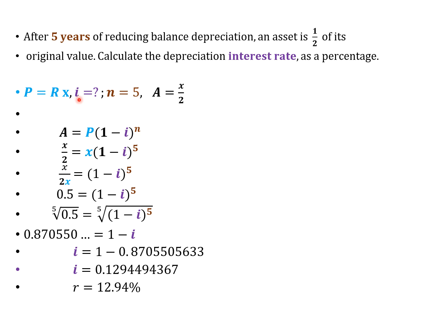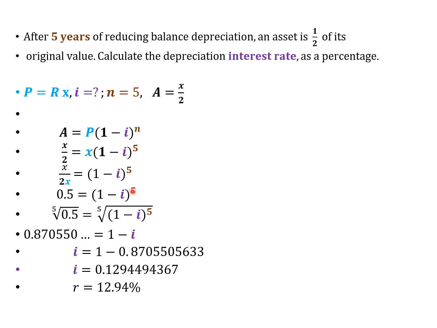So A, X over 2, equals X times (1 minus i) to the power 5. To get rid of multiplication, I'm going to use division, so X divided by 2 times X. X and X cancel, so I'm left with 0.5 equals (1 minus i) to the power 5.